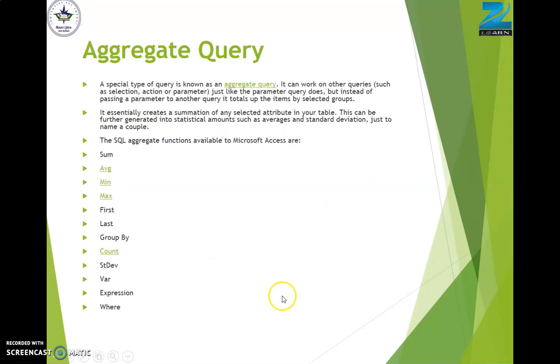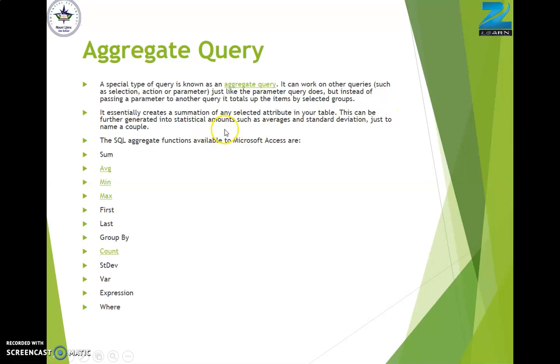Next, aggregate query. A special type of query is known as aggregate query. It can work on other queries such as select, action, parameter, just like the parameter query does. But instead of passing a parameter to another query, it totals up the items by selected groups. It essentially creates a summation of any selected attribute in your table.